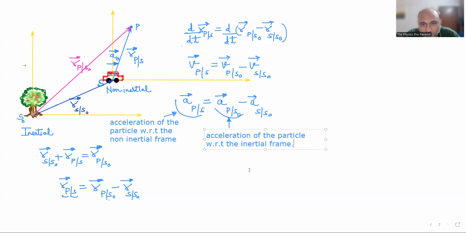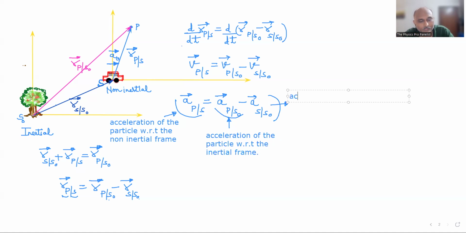What is this acceleration? This is the acceleration of the non-inertial frame with respect to the inertial frame. I hope all of you understood this. Yes or no?